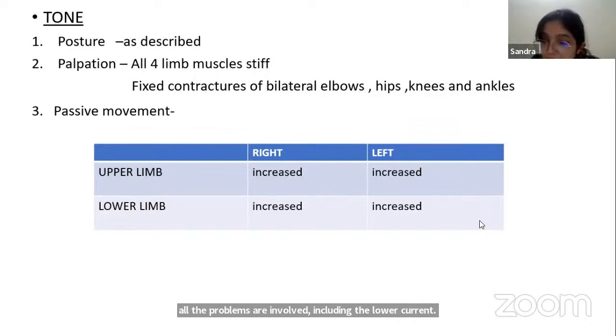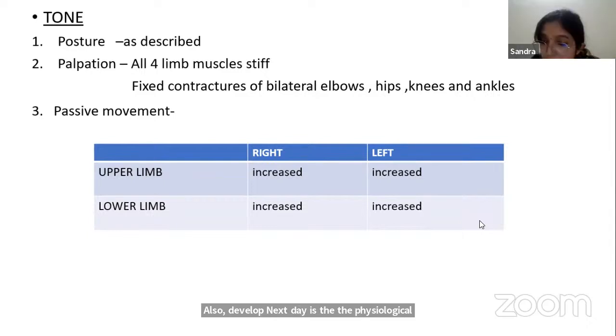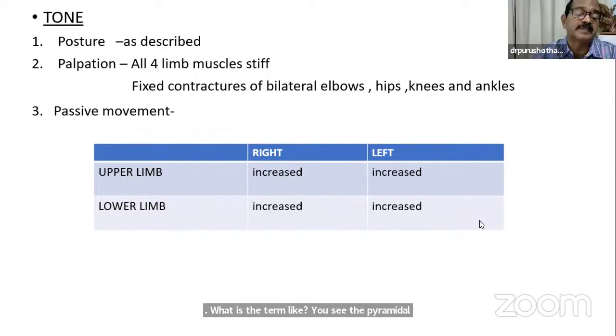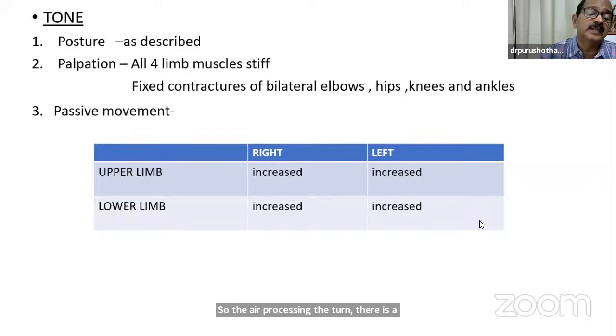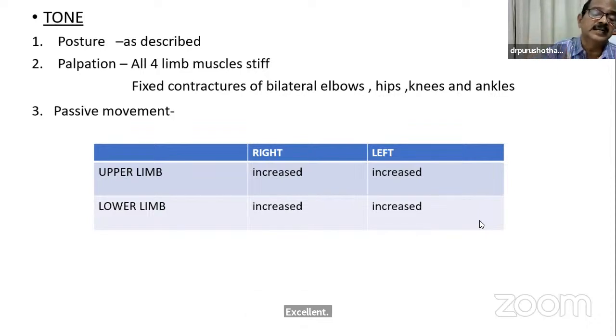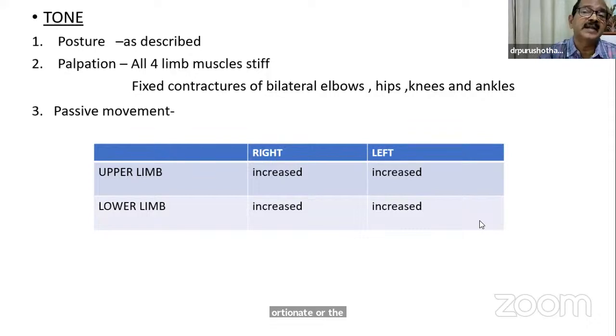The next thing is the physiological. What is the tone like? Is it pyramidal only or extrapyramidal? When you are assessing the tone, there is a scale of assessment, whether it is spasticity only or there is an element of extrapyramidal. Hypertonia: is it spasticity or the other one or a combination? All these things are assessed by different techniques.